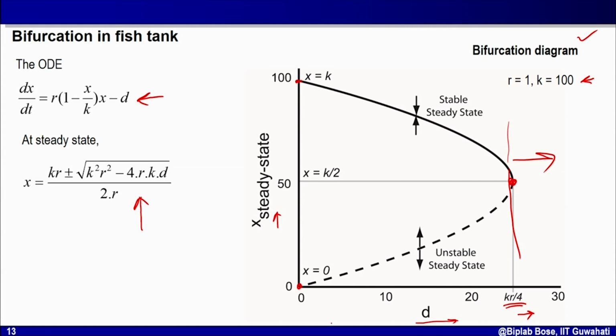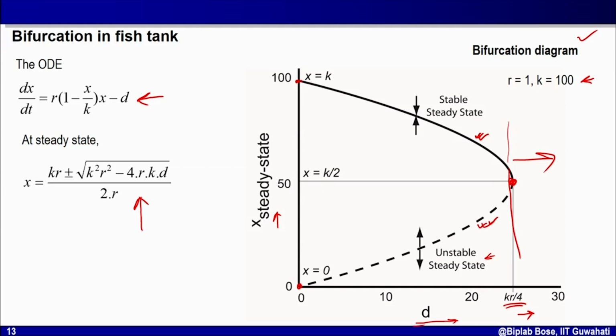In between, from 0 to kr by 4, I have two possible steady states for each value of d as shown by these smooth curves. The upper steady states are all stable, and the steady states in the lower curve are all unstable, and that's why the lower curve is shown as a dotted line.